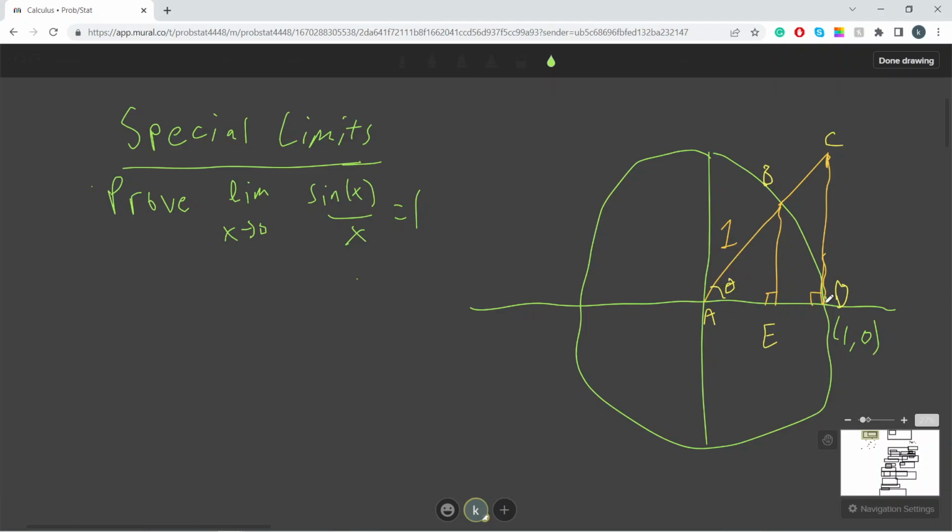And what I'm going to do is at this point right here, right where (1, 0) is, I'm going to draw another vertical line and connect the two triangles in a special way right here.